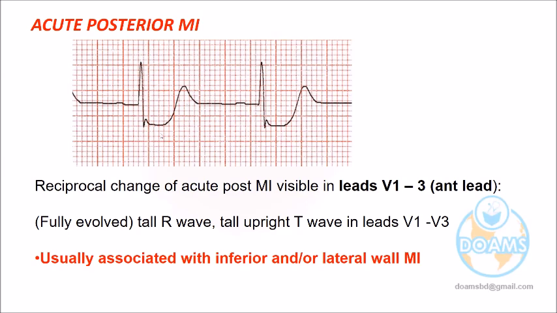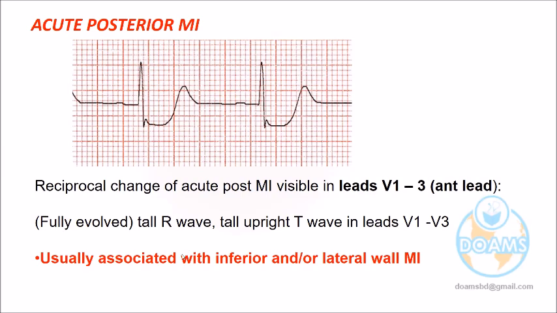So what we expect if we place a lead in the posterior chest, we will expect the reciprocal of such an appearance. Reciprocal means the R will be down, the ST depression will become elevation, and the T wave elevation will become depression.